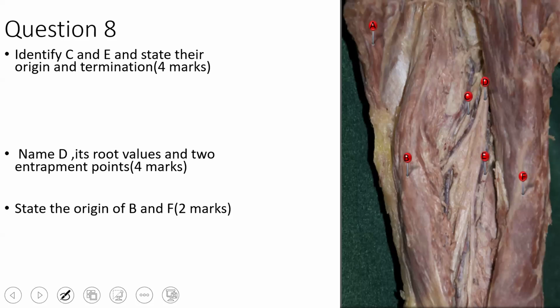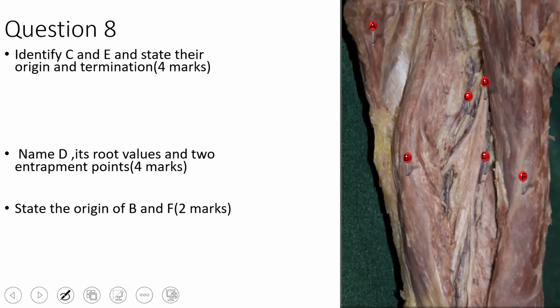C, radial collateral artery. Okay, and E, middle collateral artery. Okay, the rest. Someone is saying radial collateral artery, radial nerve.